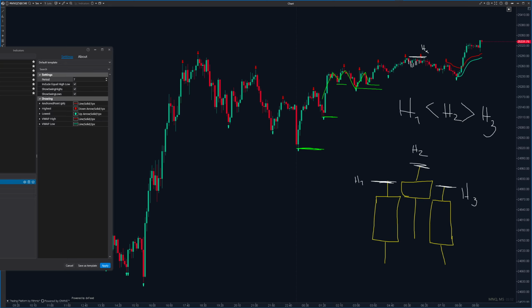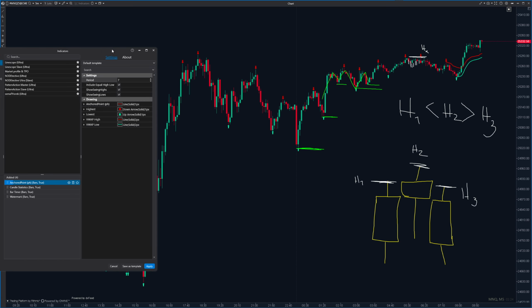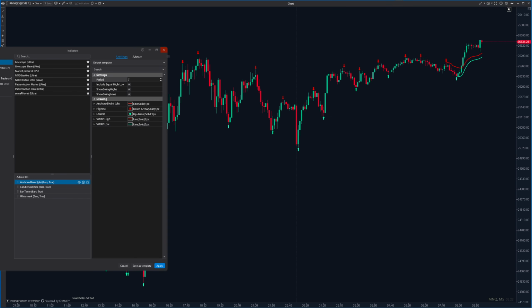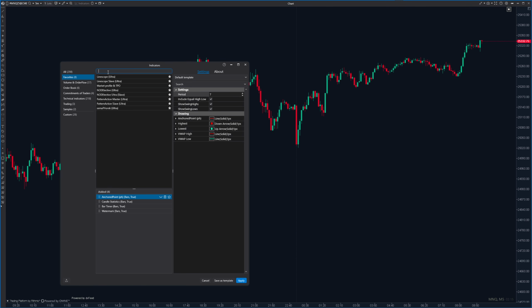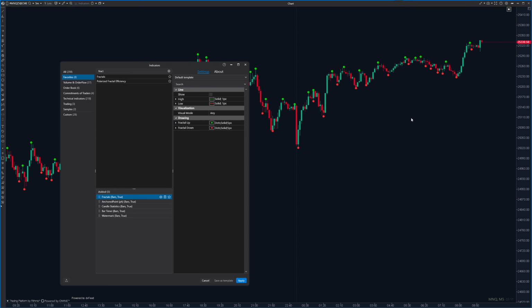There's the zigzag indicator in ATAS. There's the fractals indicator in ATAS. Those indicators help us with identifying the swing highs and swing lows. When I use fractals, you see that fractals, I don't know what the algorithm behind it is.